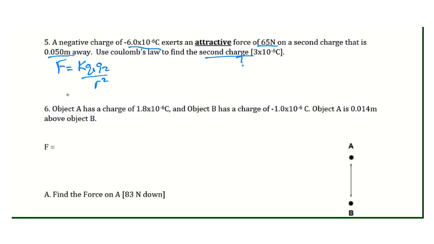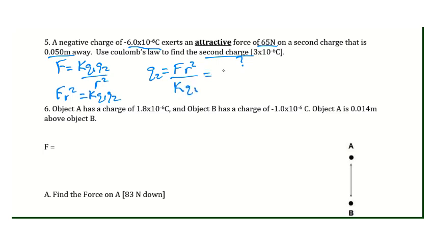So we solve Coulomb's law, multiply both sides by r squared, and then solve that for Q2. So we get Q2 is equal to F, the force, times the distance squared, all over KQ1.